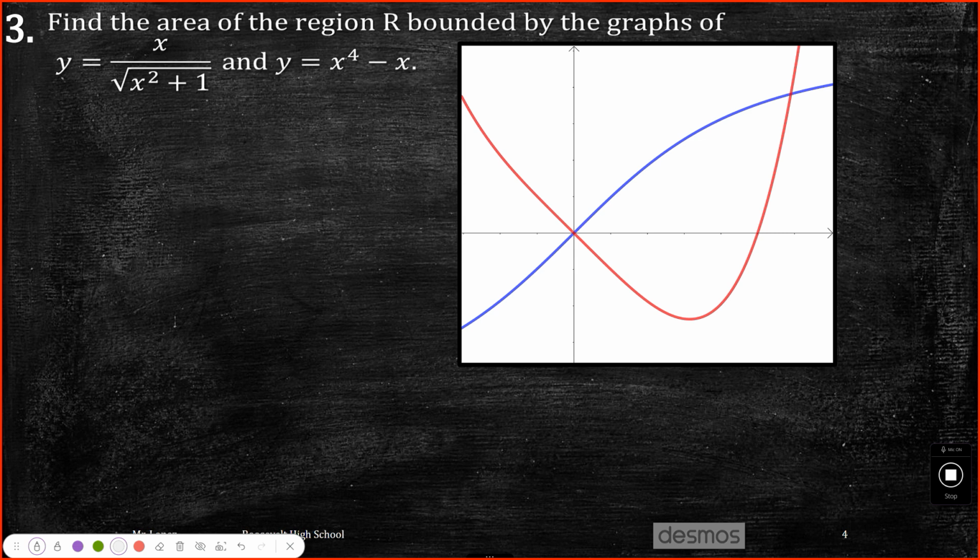So say they give you something like this. I would guess that you would want to graph it, and on the graphing calculator, it will show up. The first graph will be blue, and y equals x to the fourth minus x will be red. And you quickly know which one it is, and you're going to find the intersection points.